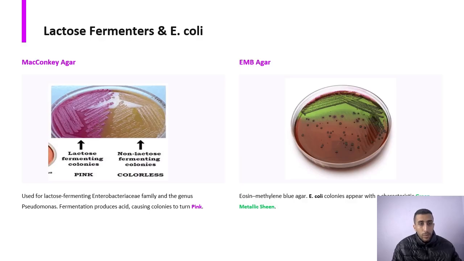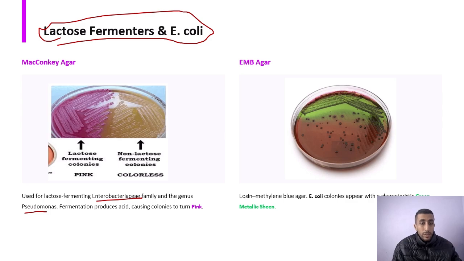Now we are going to talk about lactose fermenters and E. coli. This refers to the Enterobacteriaceae family. These are gram-negatives, and also Pseudomonas. The whole idea is that after lactose fermentation, the media turns pink, versus the other organisms that are non-lactose fermenting, which are colorless here.